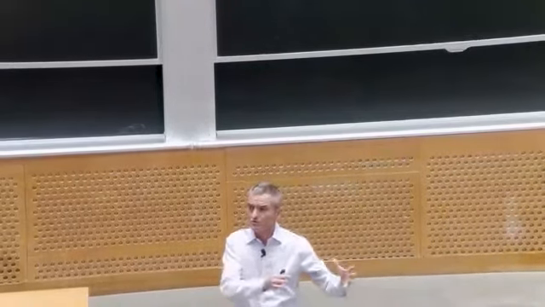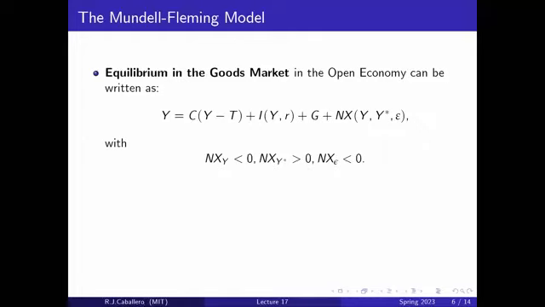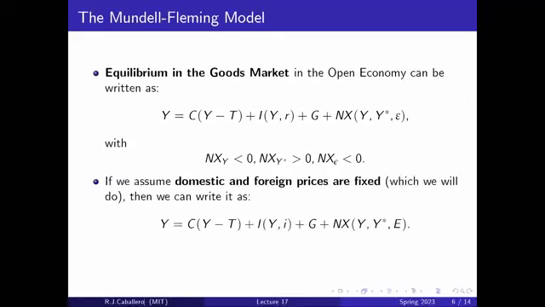So what's this? Well, the Mundell-Fleming model is simply what I just showed you, the goods market equilibrium, but with an endogenous exchange rate. And so we rewrote and said, since we're assuming completely sticky prices, we can replace the real exchange rate by the nominal exchange rate.